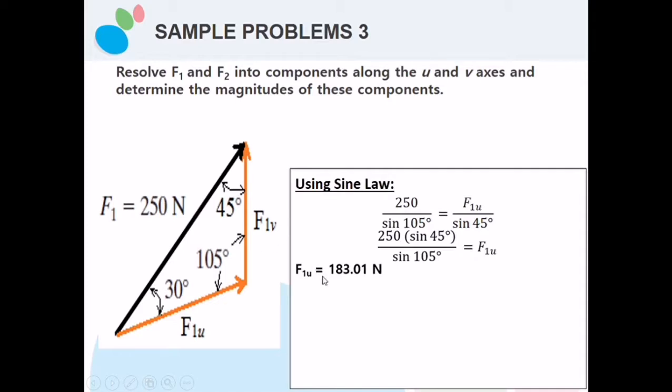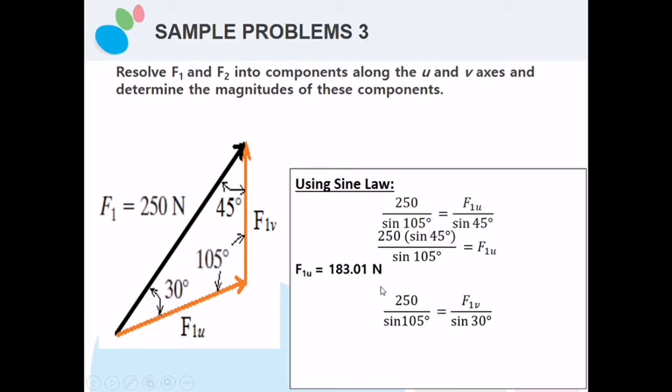Next is to solve for the v component. Again, let us use the sine law, because it is the easiest way to solve for the variable that we are required to solve. Here is again sine law: 250 Newton divided by the sine of its opposite angle, which is 105 degrees, equals F sub 1v divided by the sine of its opposite angle, which is 30 degrees.